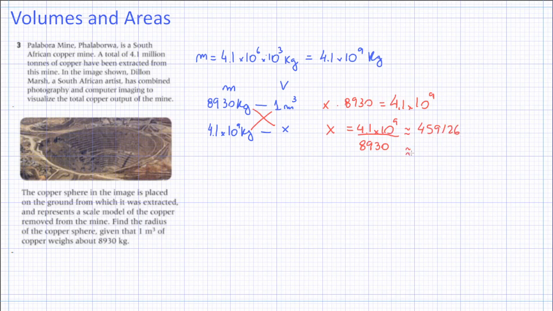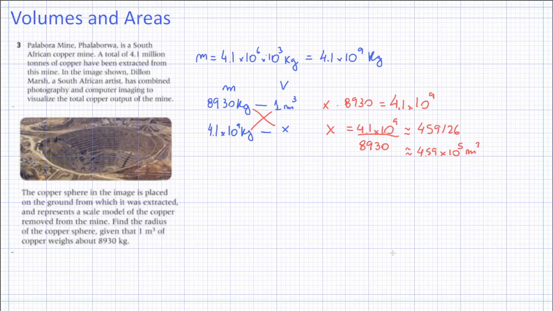But then we need to round this to 2 or 3 significant figures, so 4.59 times 10 to the power 5 cubic meters. That's the volume of the sphere.